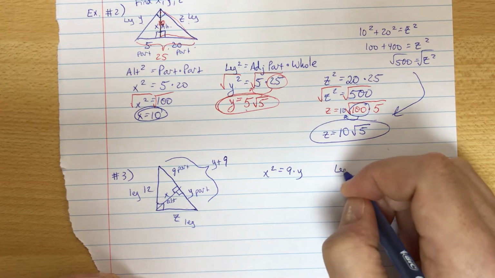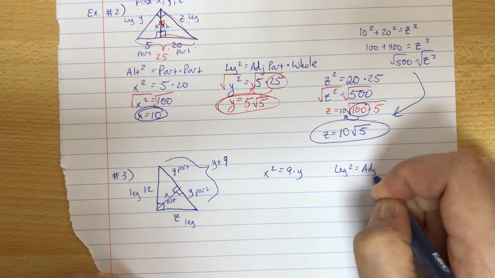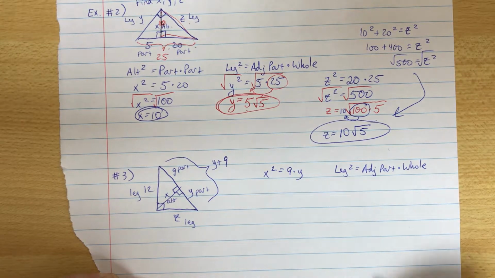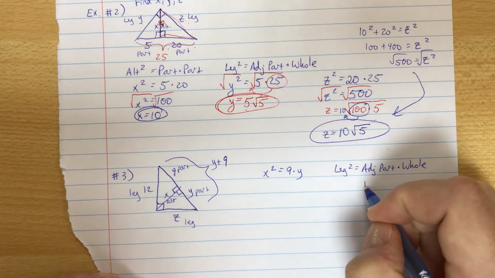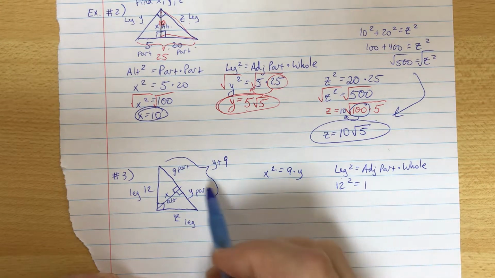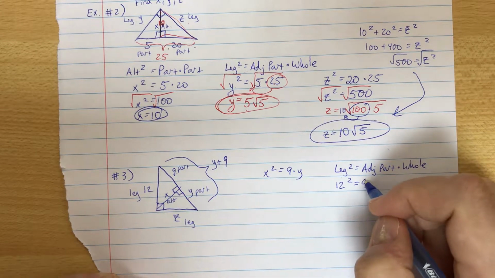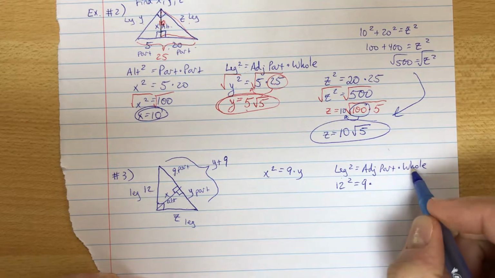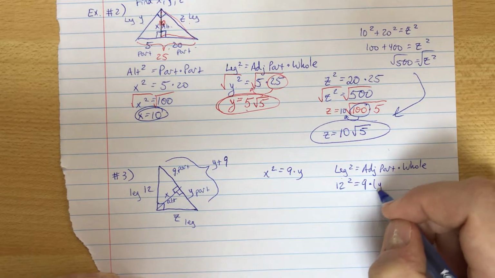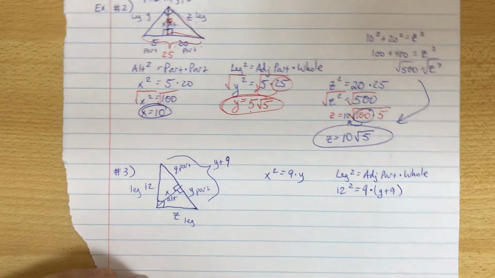So I'll write down leg squared equals the adjacent part times the whole hypotenuse. The leg is 12. 12 squared equals the adjacent part, 9, times the whole thing. The whole thing is where I add these, and that's y plus 9. I'll put that in parentheses.